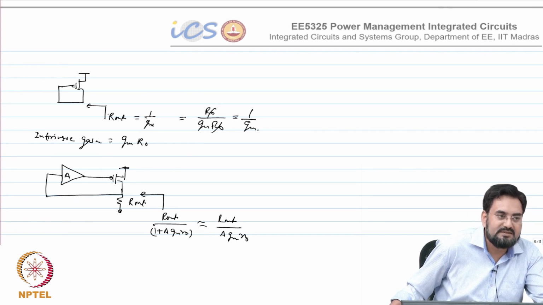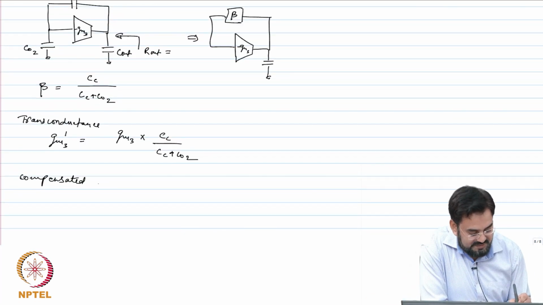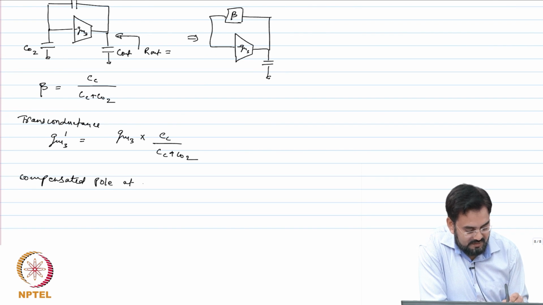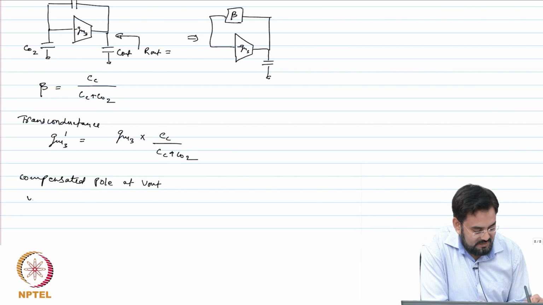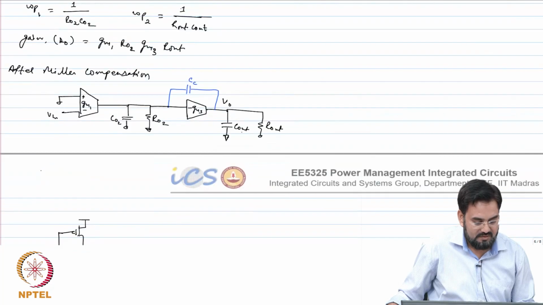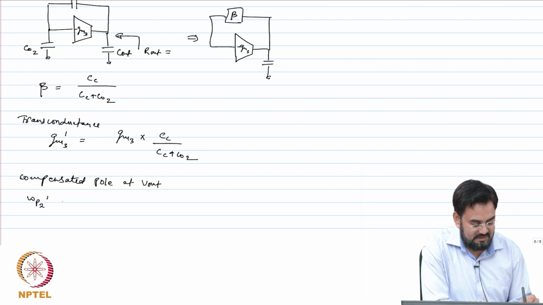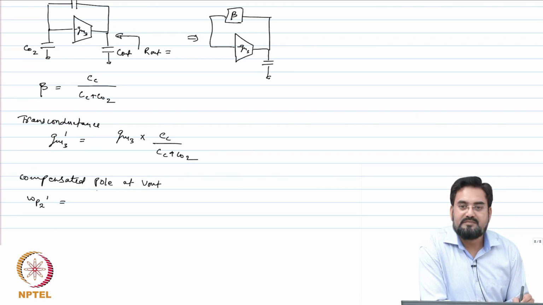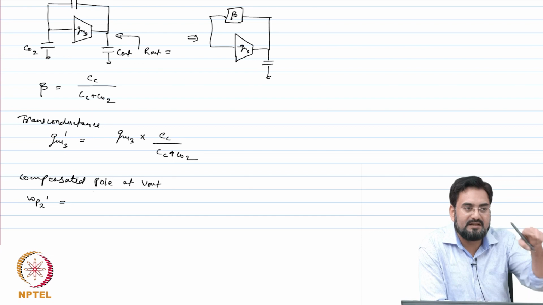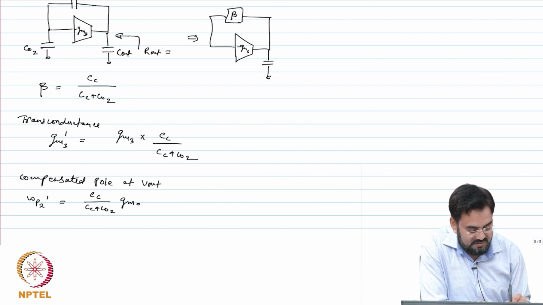Gm by C. So, the compensated pole at V out, if I call it omega P2 dash, is Gm by effective cap at that node. So, you have Cc over Cc plus CO2 Gm3.